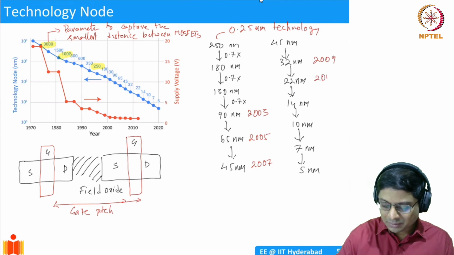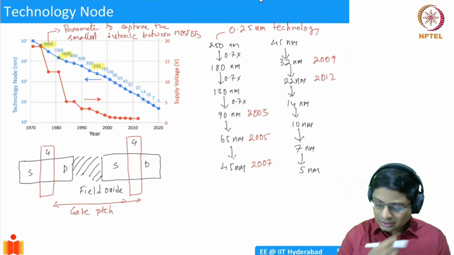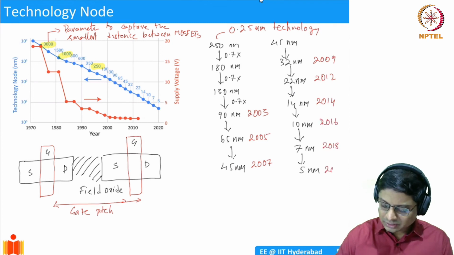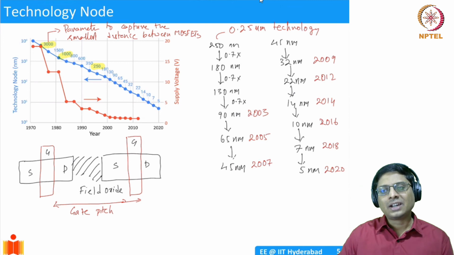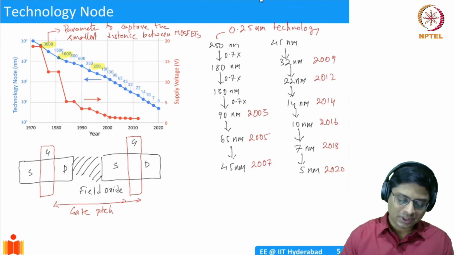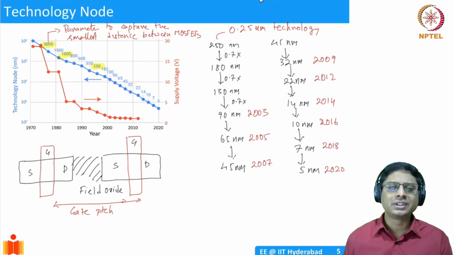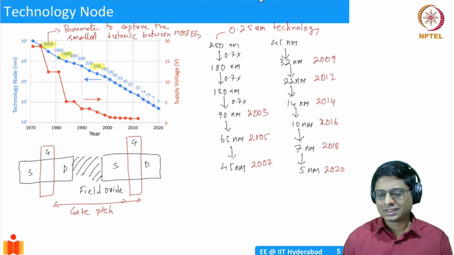It took a little bit of time because Intel introduced FinFETs there. Then 2014, 2016, 2018, and 2020. So what you're seeing is that every 2 years the number of transistors on a chip is essentially doubling. This was the famous prediction of Gordon Moore.